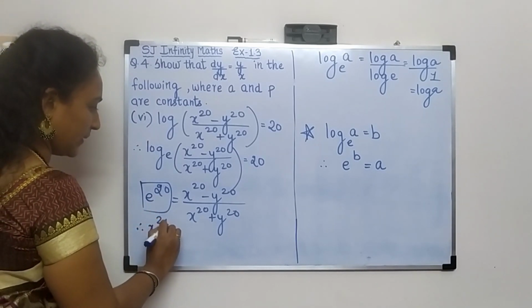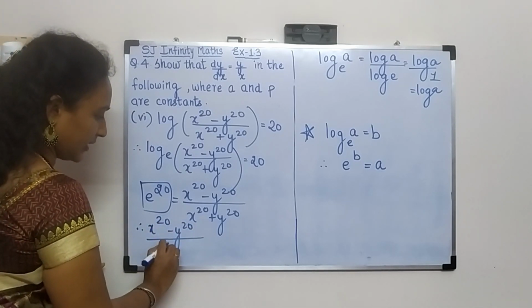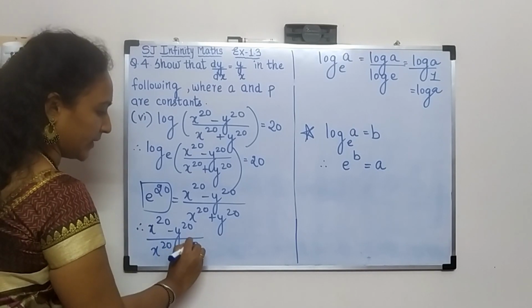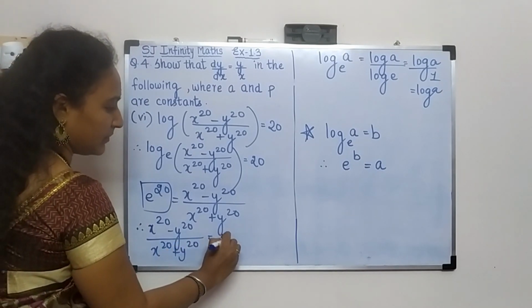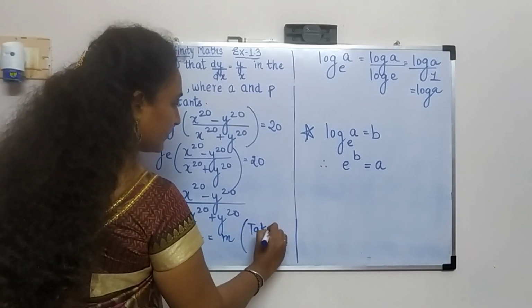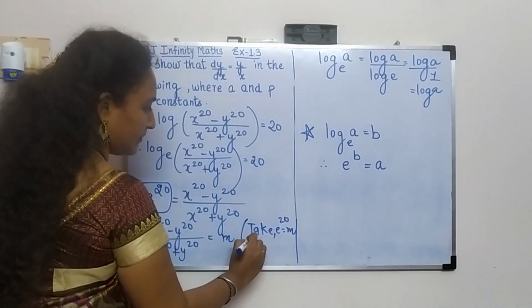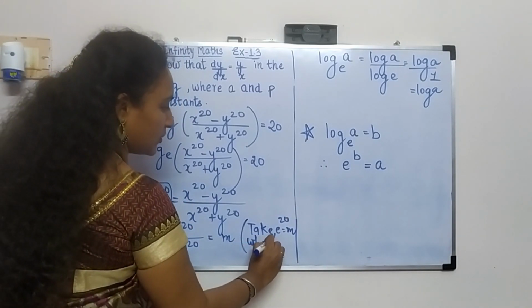Therefore, x power 20 minus y power 20 upon x power 20 plus y power 20 is equal to some m. Take e raised to 20 is equal to m, where m is a constant.